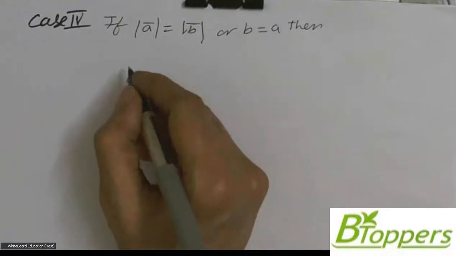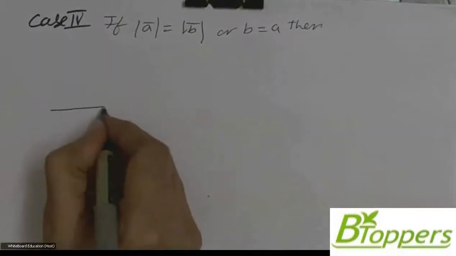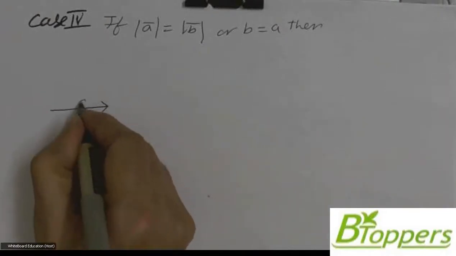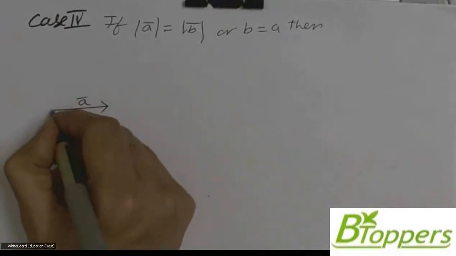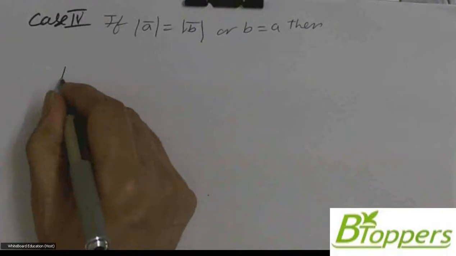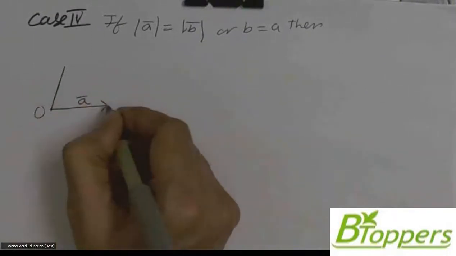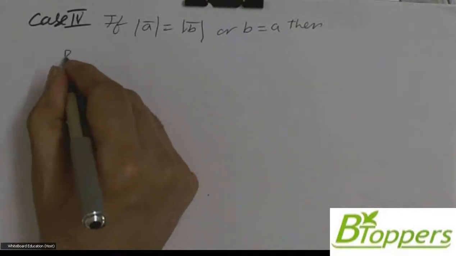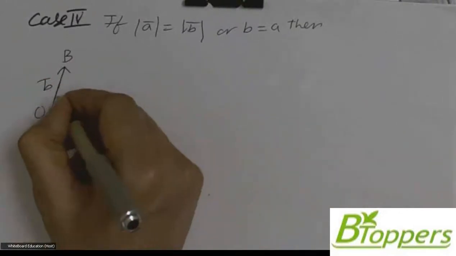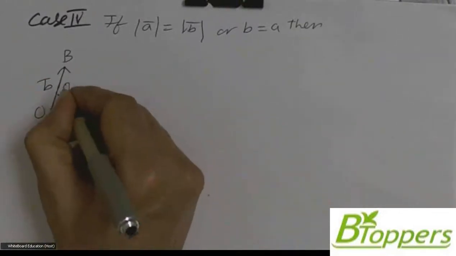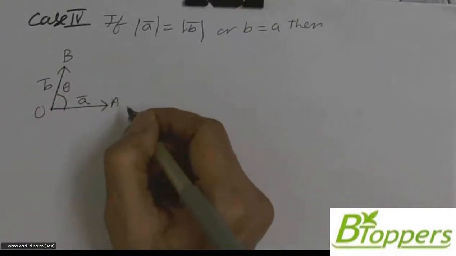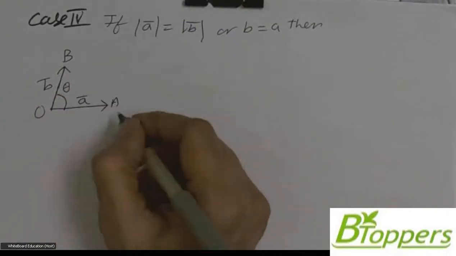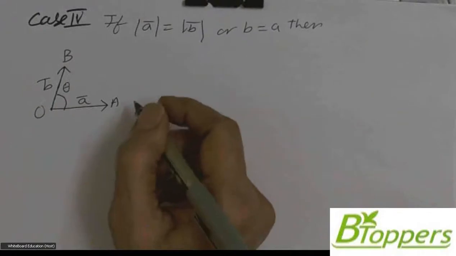But in this case, the two vectors a bar and b bar have same magnitude but different lines of action, different directions. And let us suppose they are inclined to each other at an angle theta, that is angle BOA theta.